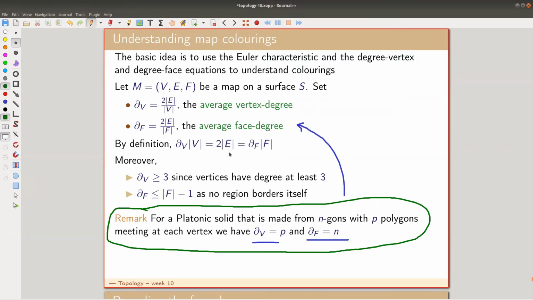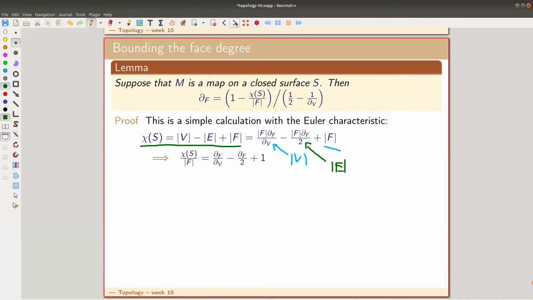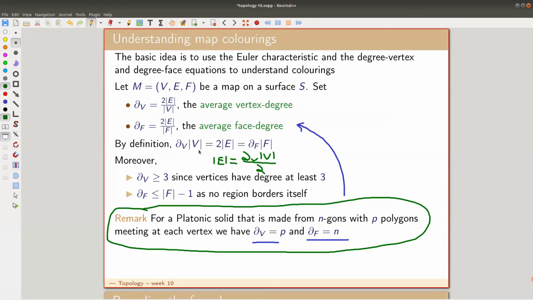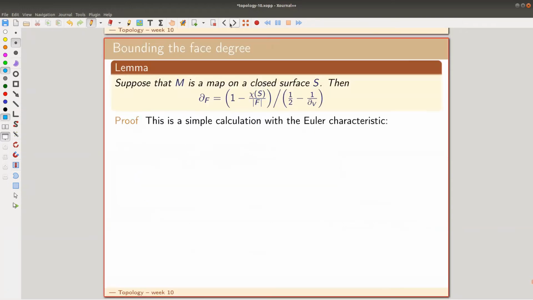So if you rewrite this, you can replace e, right? So you can replace e by, for example, delta v times v over 2. And that's what I did here. I just replaced it by delta v times v over 2. Actually, I did it the other way around. I can also replace it by, let me redo this. I wanted the faces, so obviously I can also use this one here, and I get delta f divided by 2, which is what I did here.